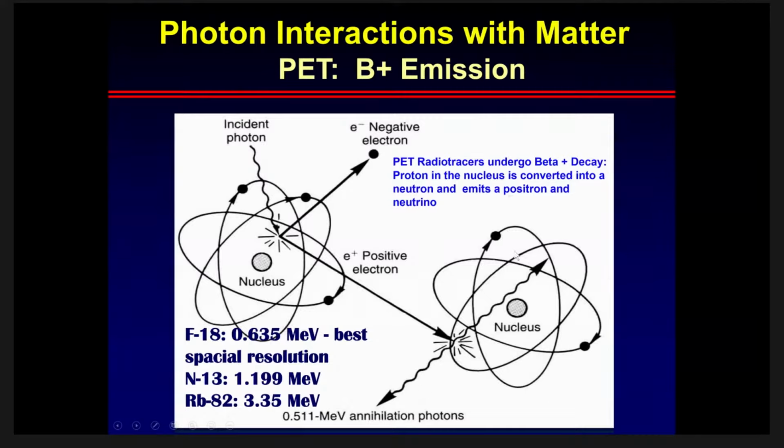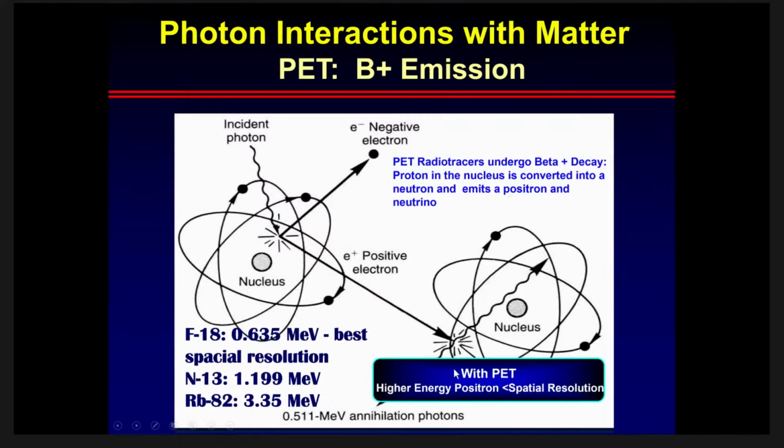So if you could get a radiotracer with F18, which is actually being worked on now clinically, that would be much better because the spatial resolution of F18 is better than what you see with rubidium.